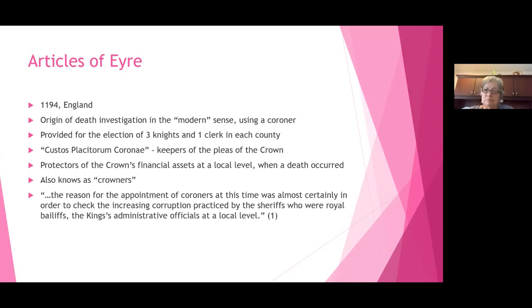And they were protectors of the crown's financial assets at a local level, mostly because the sheriffs were thought to be corrupt and keeping the money when someone passed. So the crown wanted to make sure that they got their cut. And they were also known as crowners, and it's thought to be the origin for the word coroner.